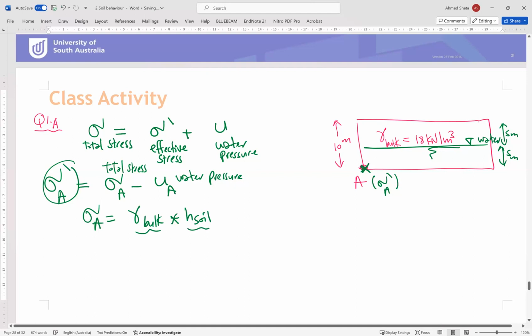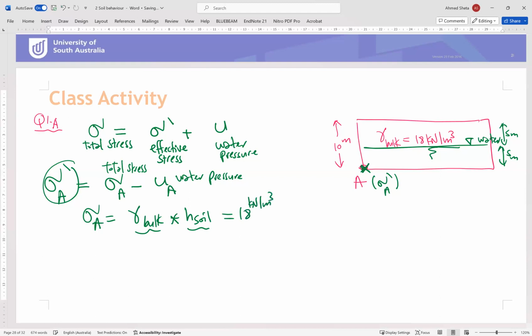How much is gamma soil given to us? 18 kilonewton per cubic meter. How much is the soil height? The total height of soil is 10 meter. So this will be 180 kilonewton per squared meter. Sorry, this is the total stress. So the total stress is 180.